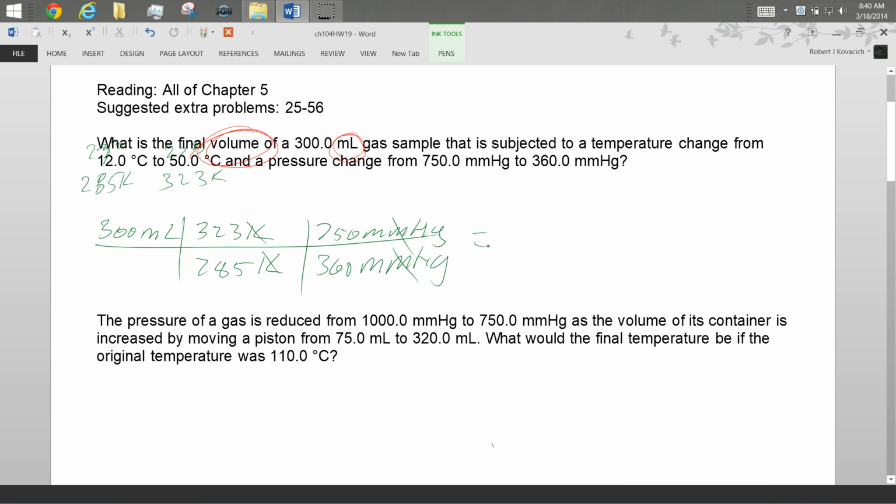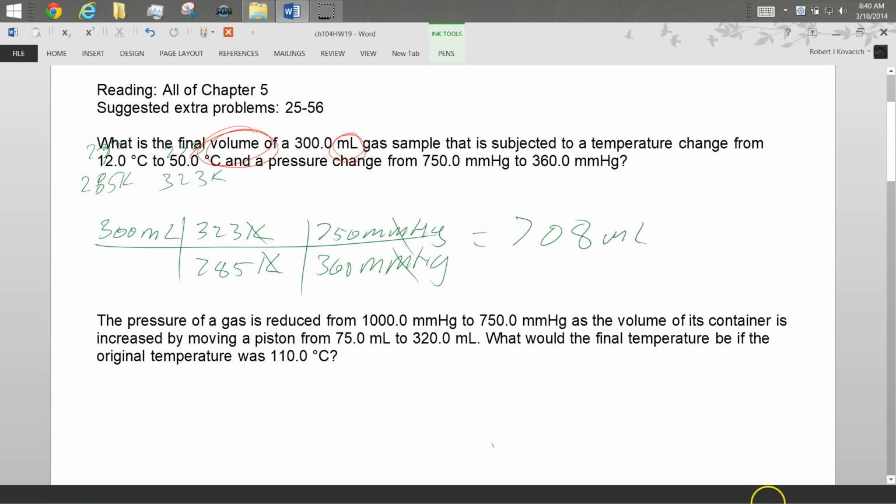So what do we got here? 300 times... 708 is what I got, milliliters.